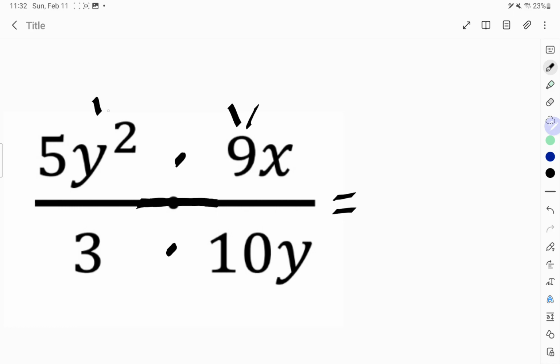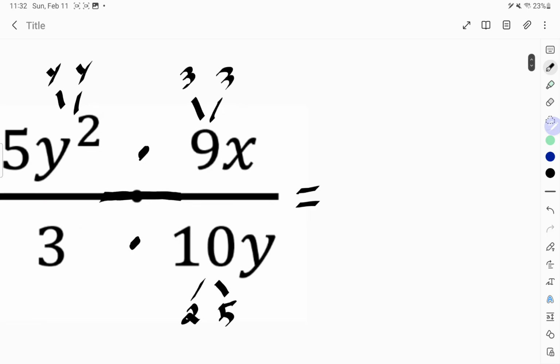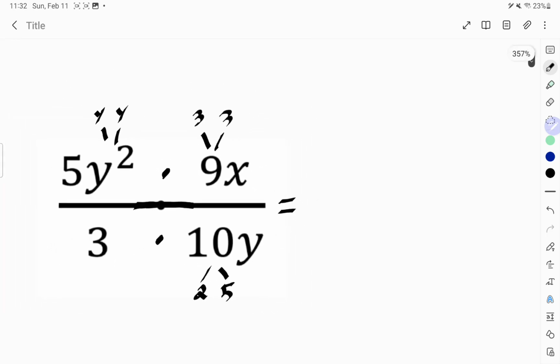So let's start with the y. Y squared can be changed into y and y. 9 can be changed into 3 and 3. And finally, 10 can be changed into 2 and 5. There, I'm done factoring everything out. All I need to do now is write my fractions. So just like we did before, I'm going to write everything on the top.